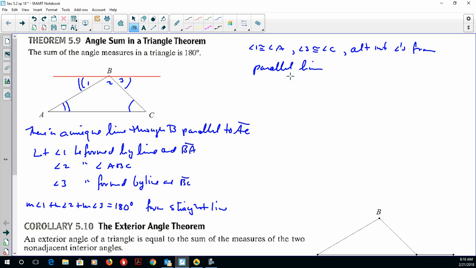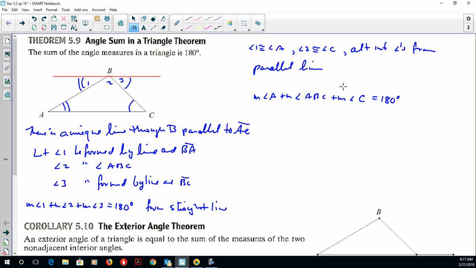So that means that angle 1 and angle A have the same measure, angle 3 and angle C have the same measure, so the measure of angle A plus the measure of angle ABC plus the measure of angle C is 180 degrees. So we proved that.